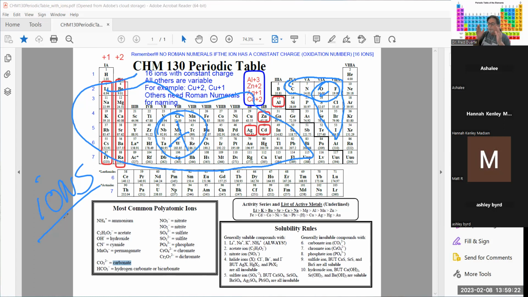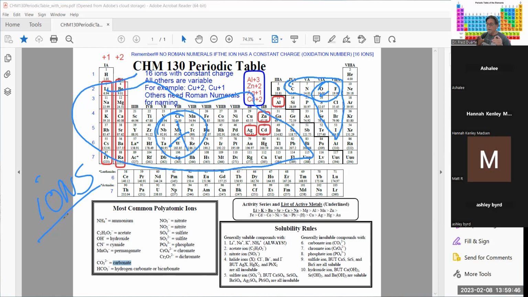And so when you're eating potassium on your French fries, you are not eating the potassium metal, you're eating the potassium ion. The same is true with calcium and any other. You are eating or drinking the ions, which are the elements that have either lost or gained electrons.